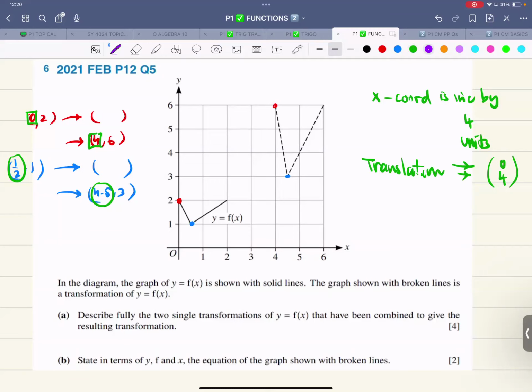Second thing that I observed is that 2 is becoming 6, 1 is becoming 3. So therefore, now this is a state in which the y coordinate.